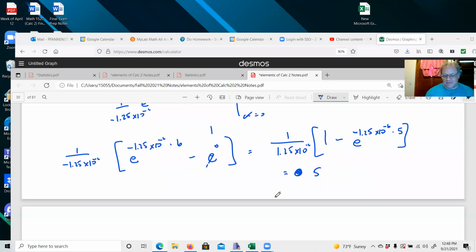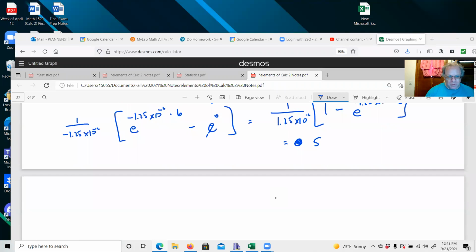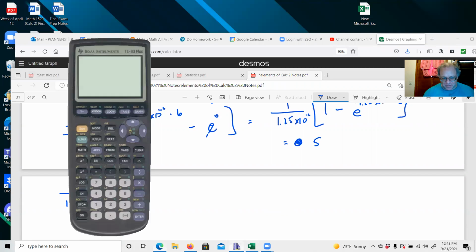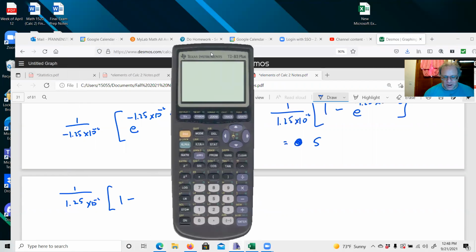All right. Let's see. We have 1 over 1.25 times 10 to the negative 6. We have 1 minus... oh, and I've got to deal with this. All right. So let's see here. I hope I can do this correctly. Second function, ln, right?